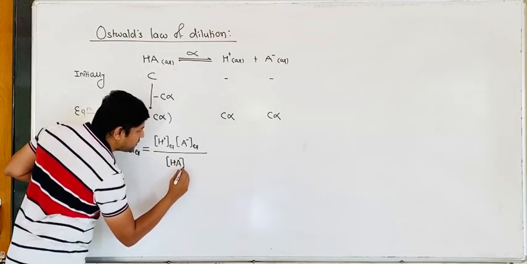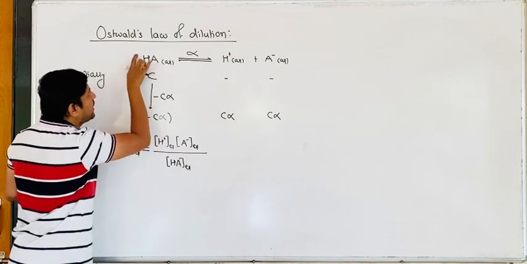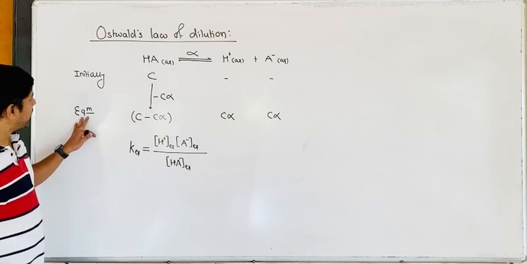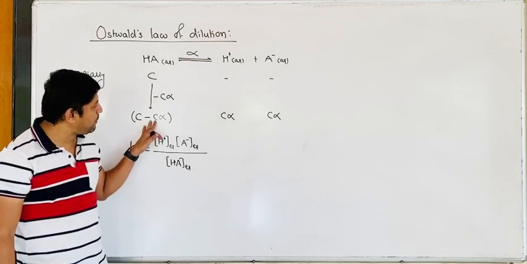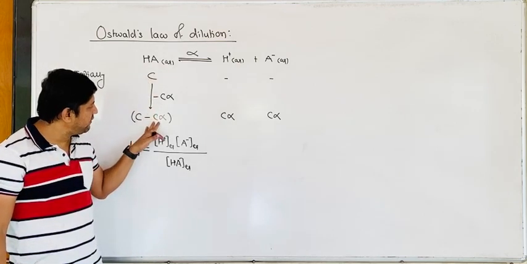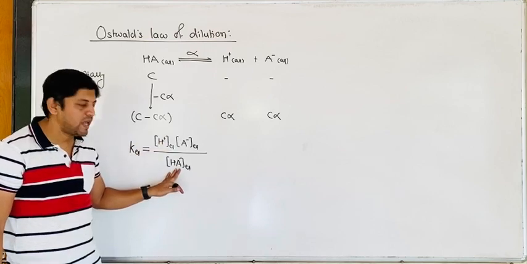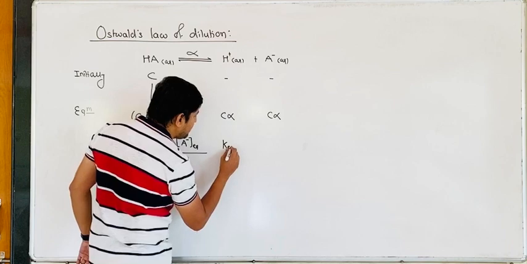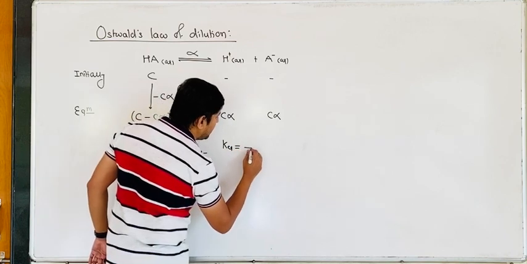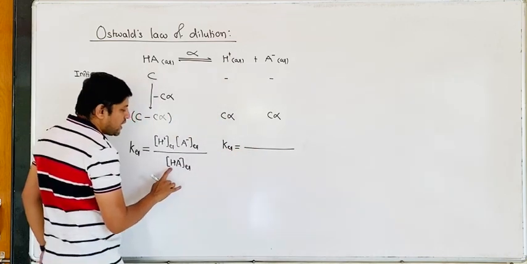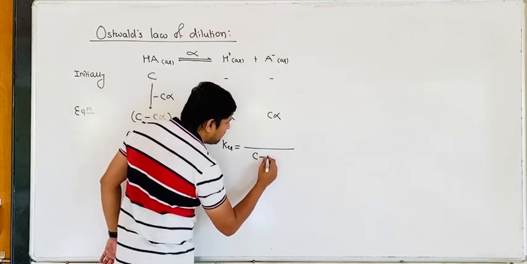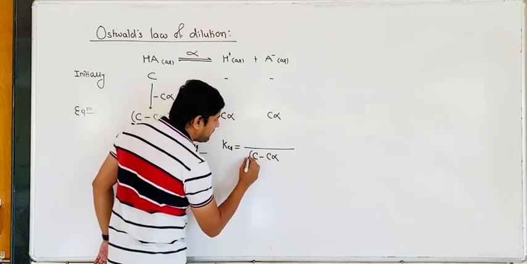Concentration of HA at equilibrium raised to its stoichiometric coefficient 1. And at equilibrium, what we have found is that concentration of HA which remained undissociated in solution is C minus C alpha. So K equilibrium can be written as, amount of HA remaining in solution is C minus C alpha.